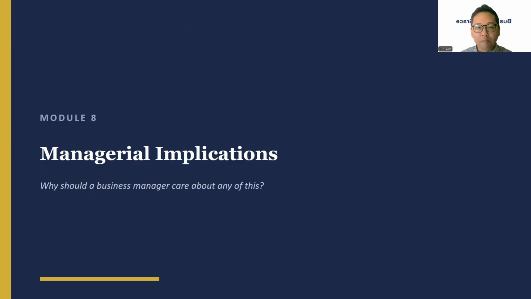Our final module connects everything back to business practice. Why should an international manager care about the political economy of free trade? There are two main answers. First, trade barriers directly affect how a firm can organize its own strategy.